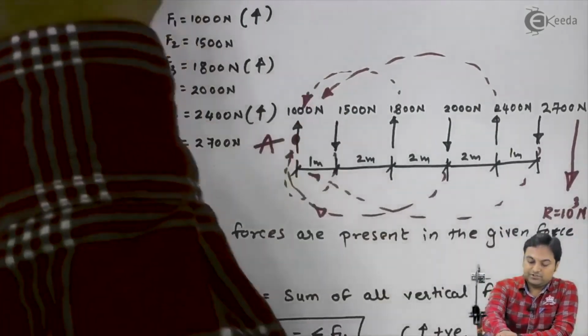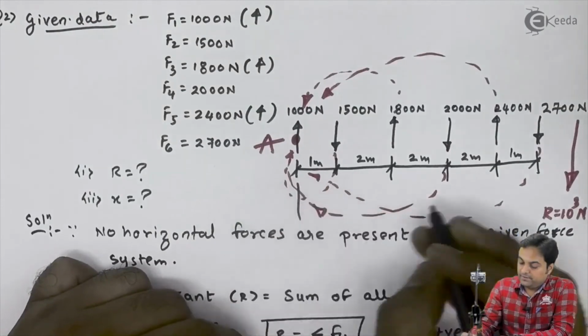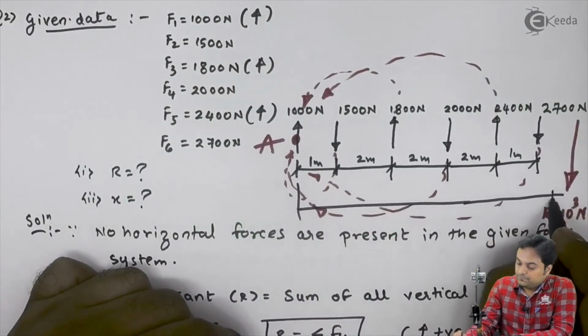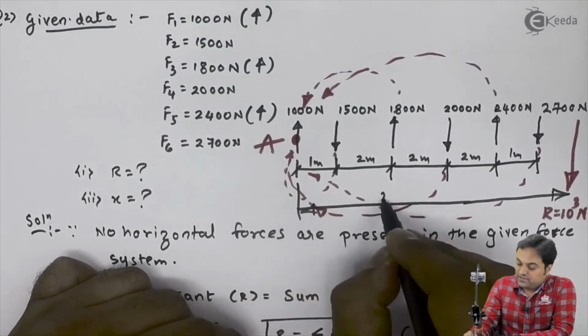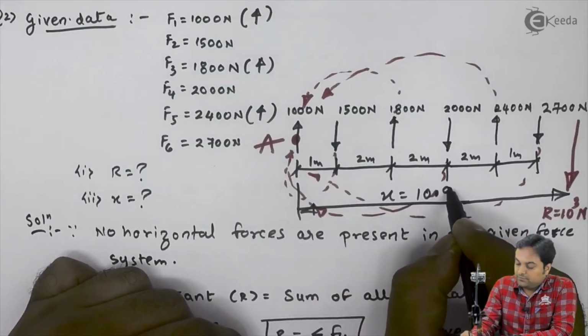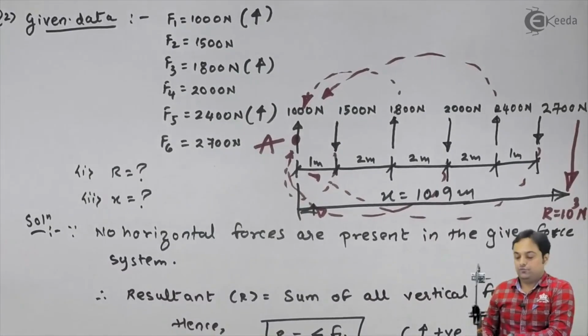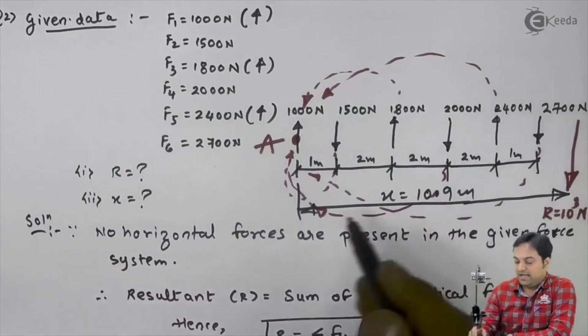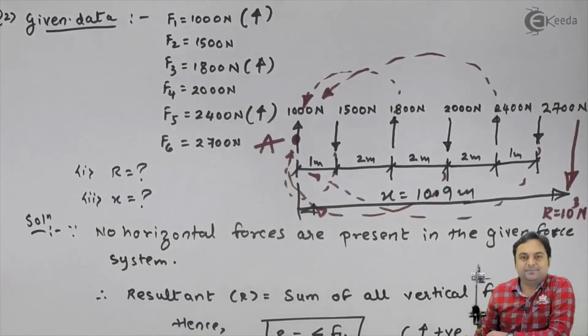Its location is denoted by x, and this value is 10.9 meters. So with this we have found the resultant, its direction and its location, and that completes the problem.